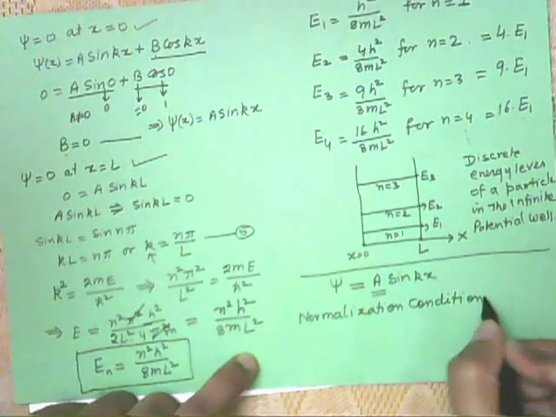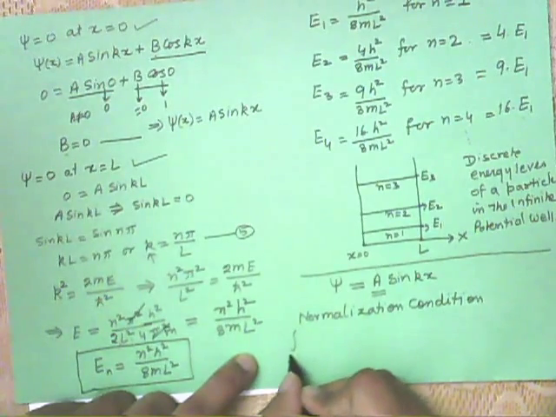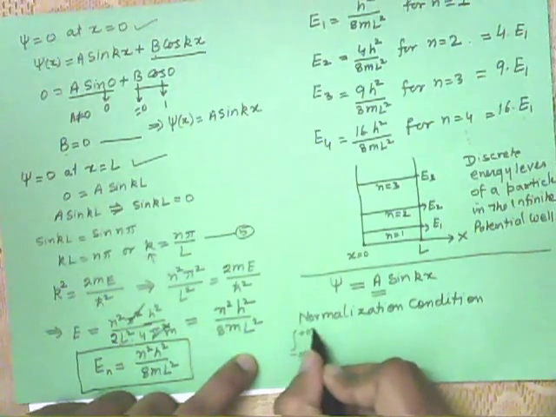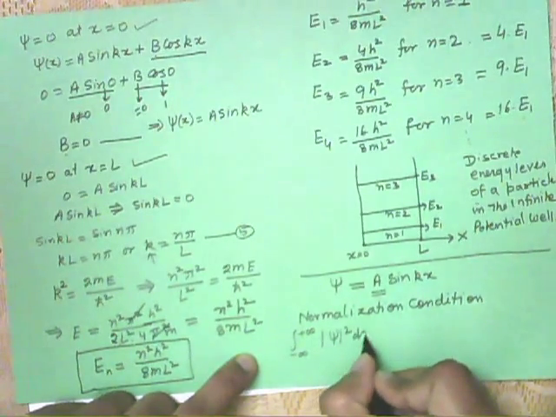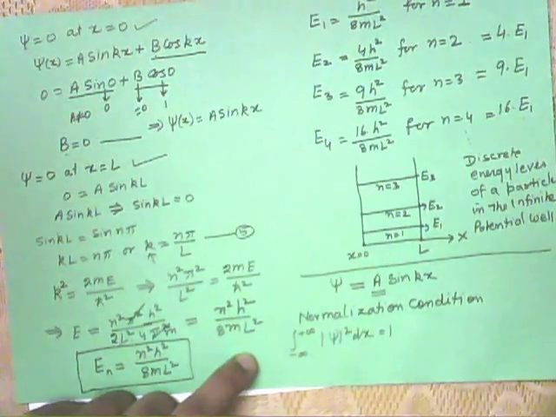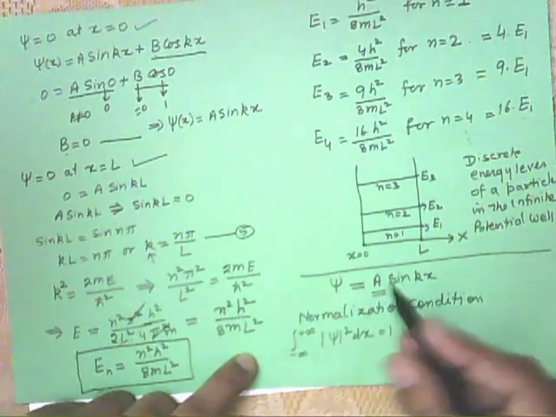The normalization condition for any particle wave function is the integral from minus infinity to plus infinity of mod psi square dx is equal to 1. Now we know the limits.